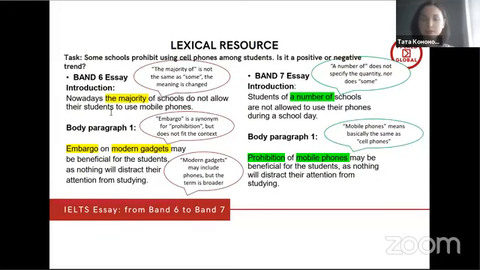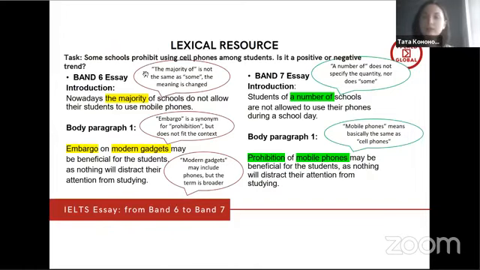Quite a similar example is the word embargo and prohibition, where this one is not appropriate in the context, while this one is okay, even though it uses the word with the same root as in the topic.